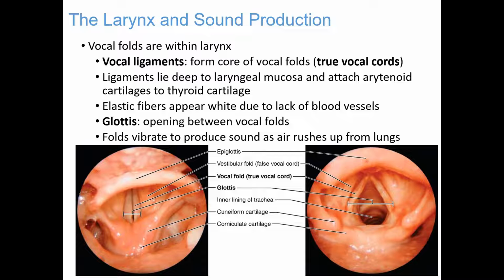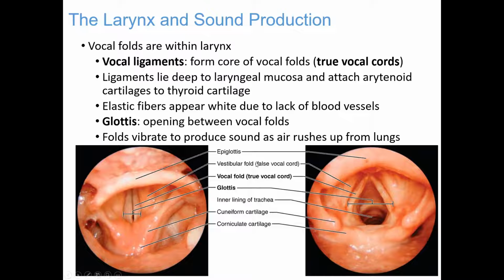The reason the true vocal cords appear white is because they don't have a lot of blood vessels in there. Less blood vessels makes them appear white. The false vocal cords are highly vascularized, so they appear pink, or flesh colored.